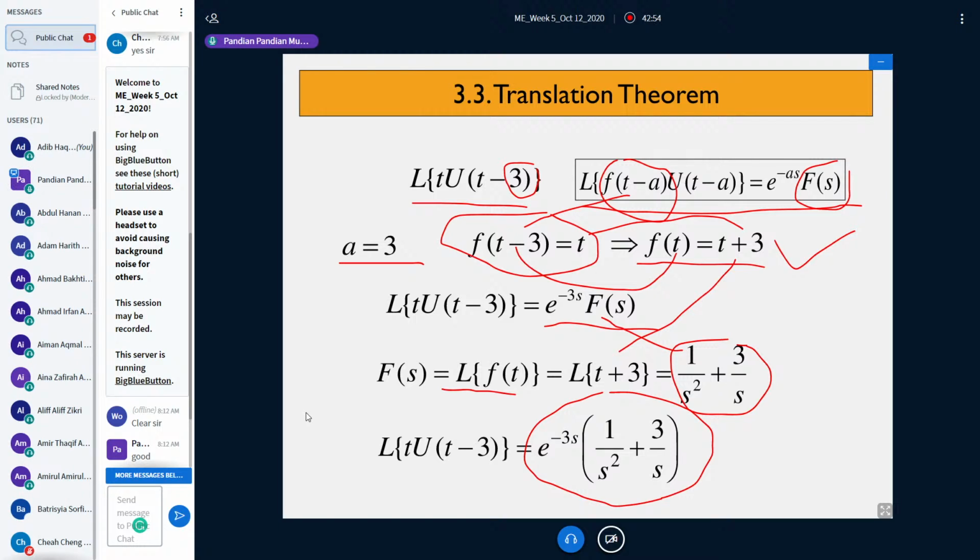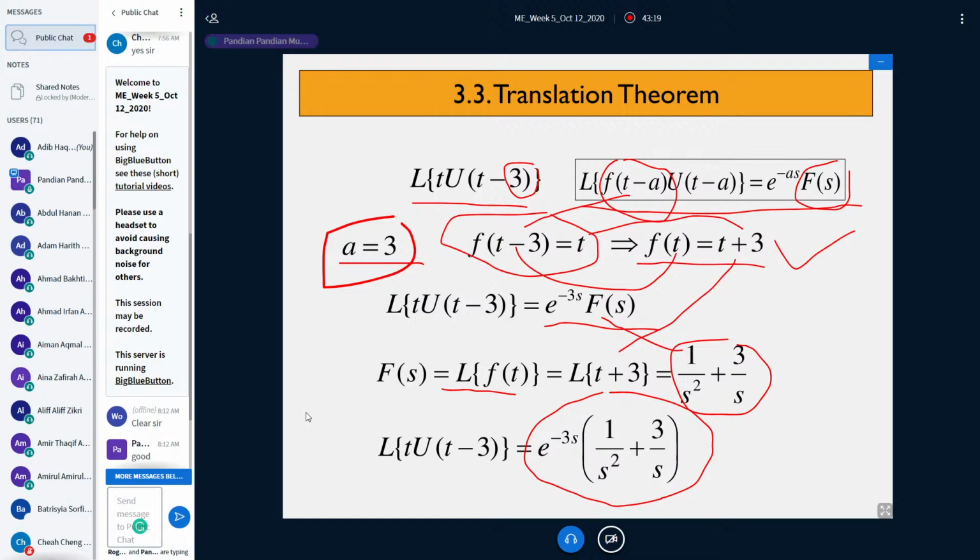So why the a in this question is not the same? No. a is 3, same. Roger Wong. Sir, why the a in this equation is not same?